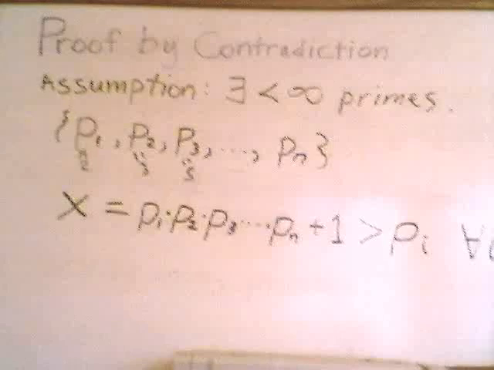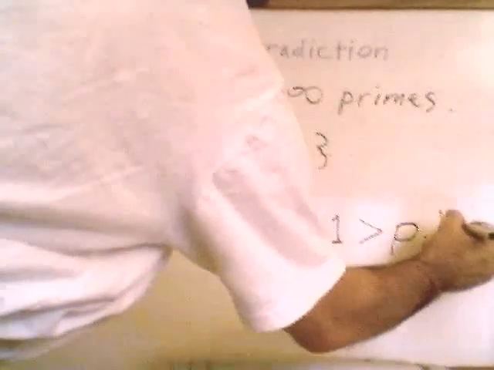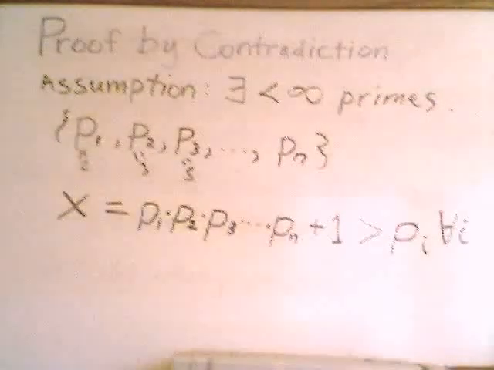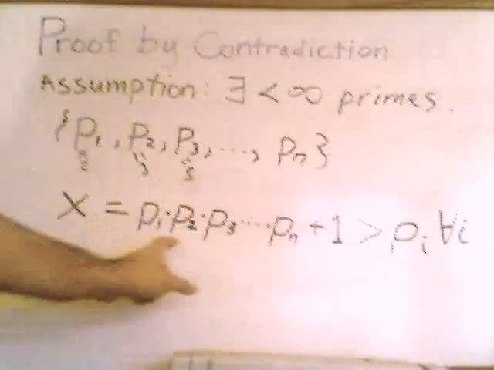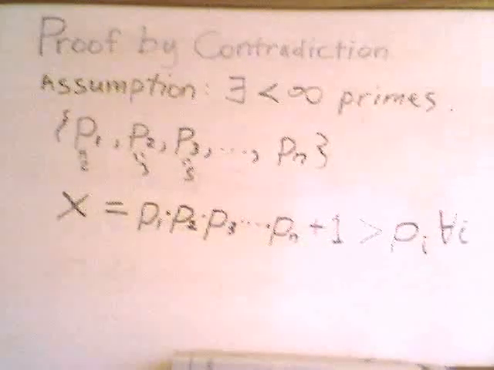So that's what Pi is. I'm trying to put the symbol for "for all" here. It's for all i. Again, that's just a math symbol. This expression is larger than Pi for any i that we pick.